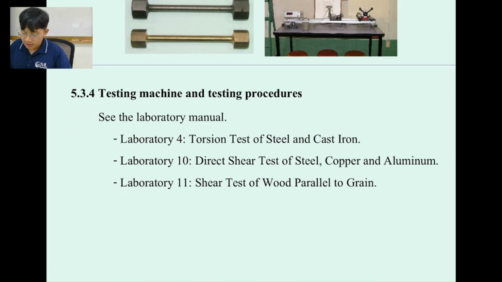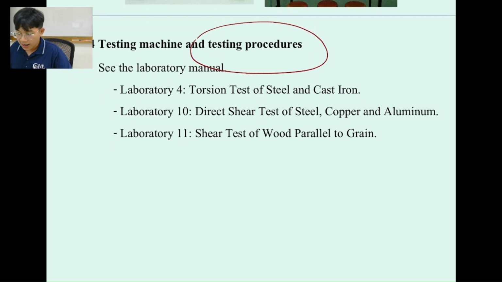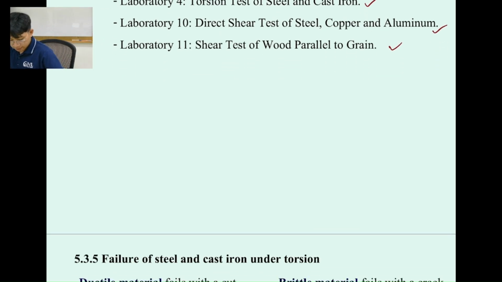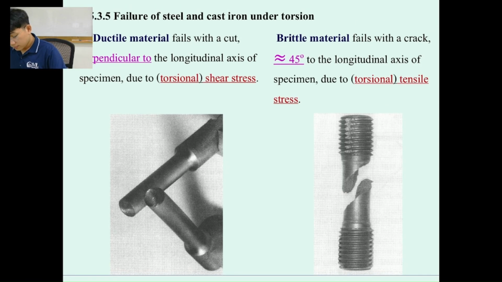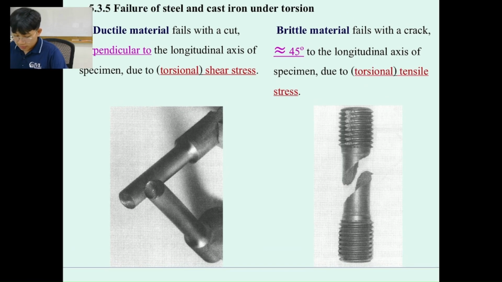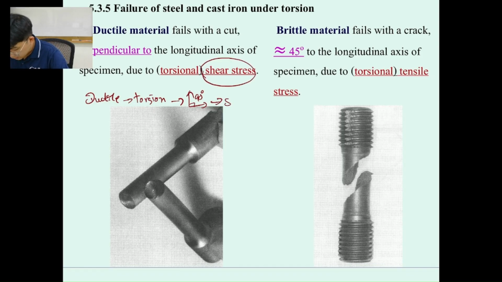All right, for the torsion, similarly, I may ask about the lab. You can just answer lab 4, 10, 11 over here. Again, this one I already talked about in chapter 4: for ductile material under torsion, it fails at 90 degrees, and it fails by shear stress.